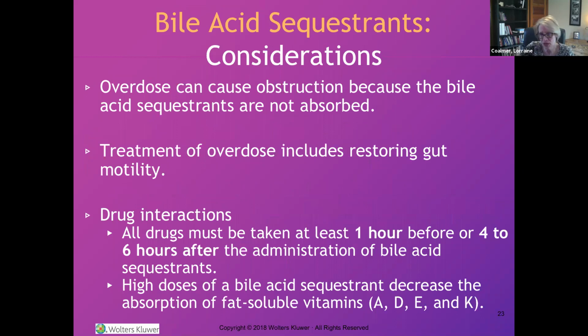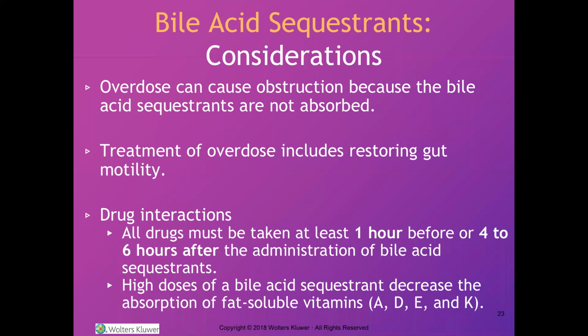Overdose can cause an obstruction, causing bile secretion not to be absorbed. So it's kind of like cement in their colon. That's why you're increasing the fiber, increasing the fluid. Treatment of overdose includes restoring gut motility, moving things along. Who knows what drug helps with gastroparesis? Reglan. Excellent.